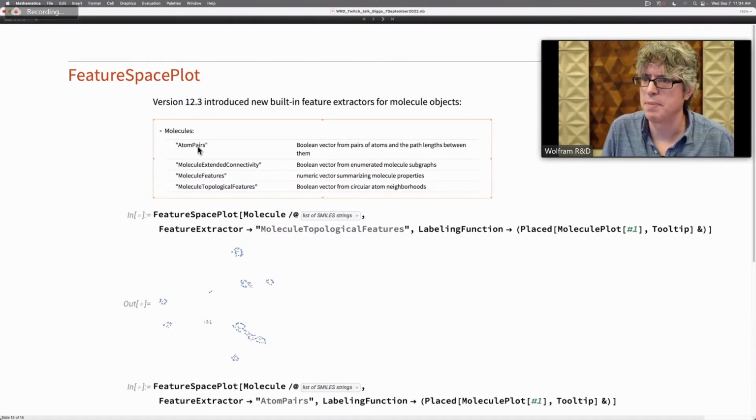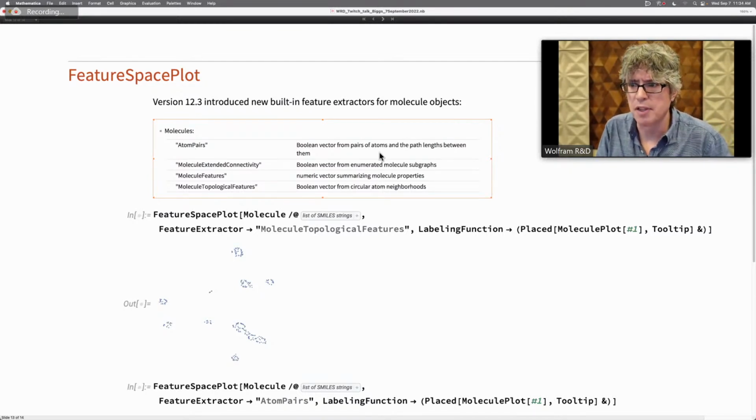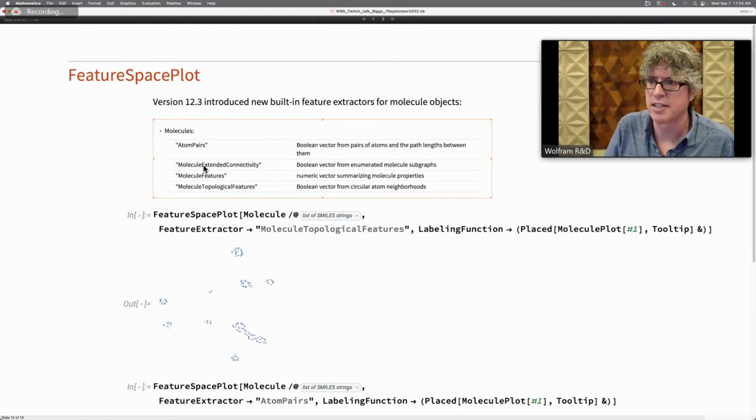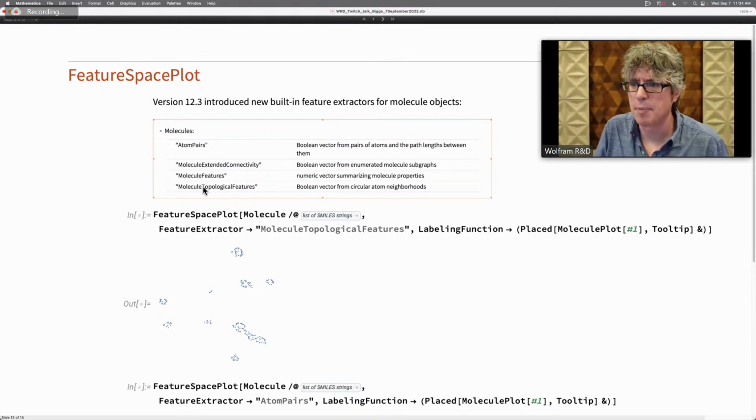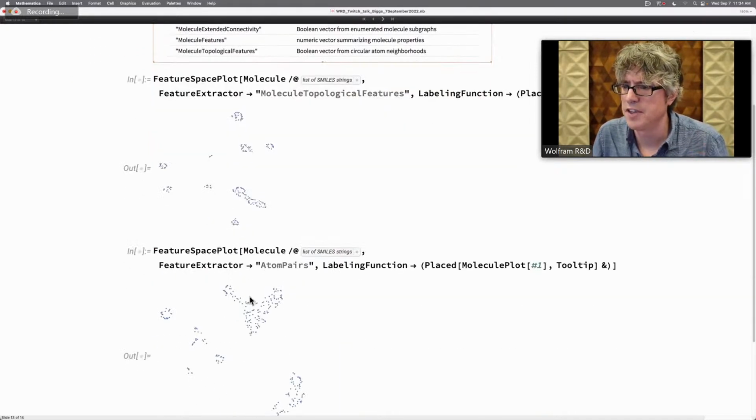We have these built-in feature extractors, which are based on things that are well known in the cheminformatics community. Atom pair fingerprints have been used for decades, I believe, as well as extended connectivity. Topological features is what is commonly referred to as a Daylight-style fingerprint or an RDKit fingerprint. And we can use these to make feature space plots.